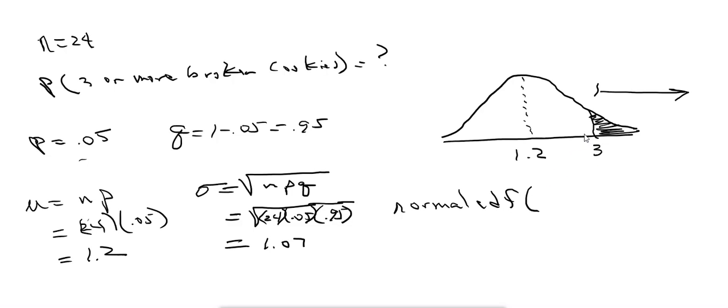So you've got to go half a unit below. It may not make sense to you right now, but let's go ahead and run through this and I'll explain a little bit more in a minute. But half a unit, 0.5 from 3, so I'm at 2.5 in reality. Okay. So I'm really finding the area from 2.5 and greater.